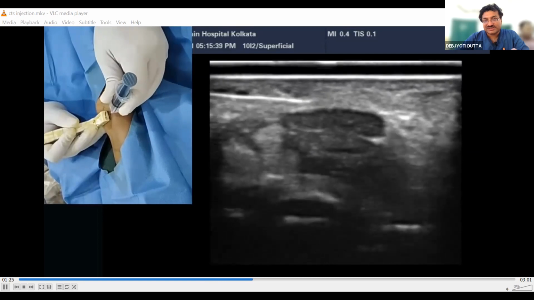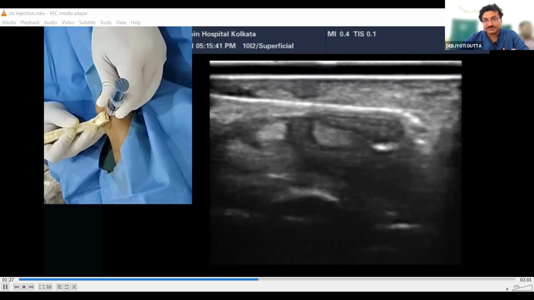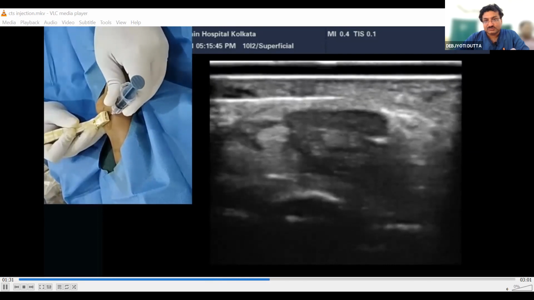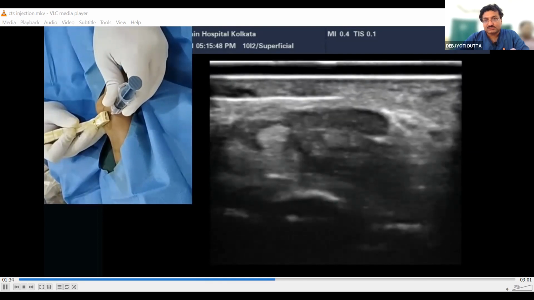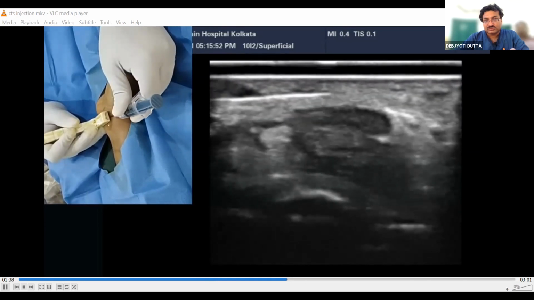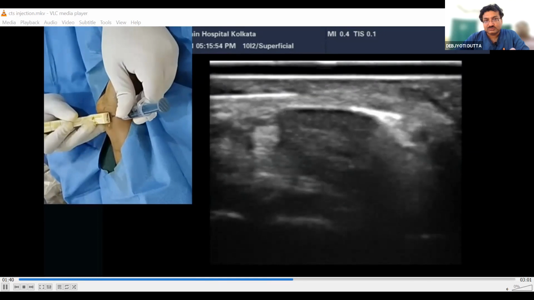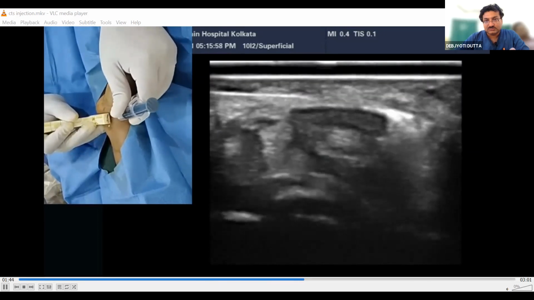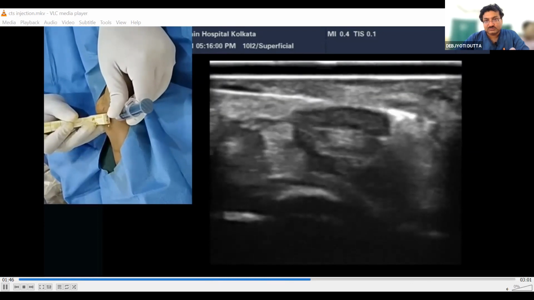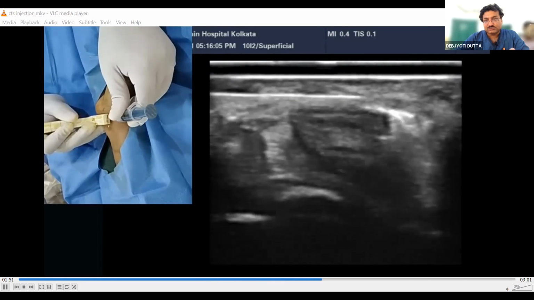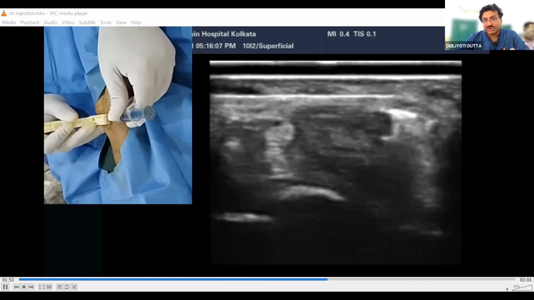Okay, this part is the fenestration portion. And you should be careful not to injure the nerve.